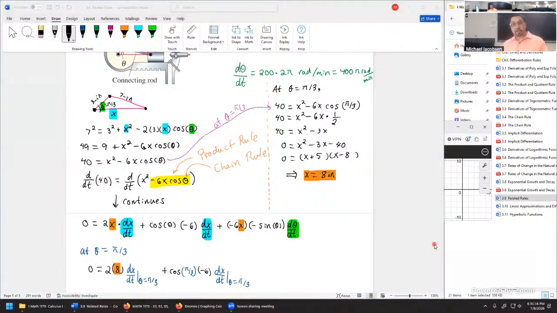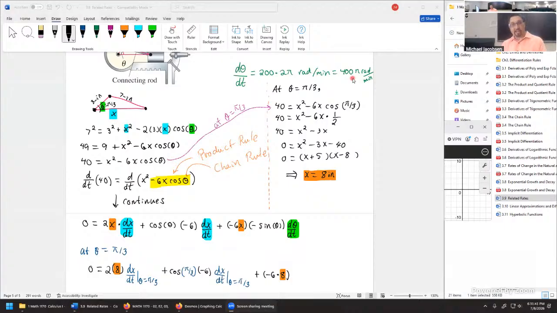We are currently in section 3.9, related rates. Then for the next part, go plus -6 times x again, which is 8, multiplied by d theta dt, that's our final substitution to make. But that was a derivative that was provided.